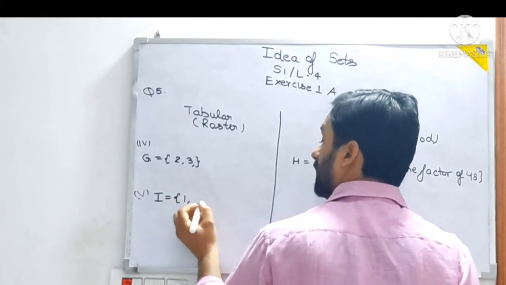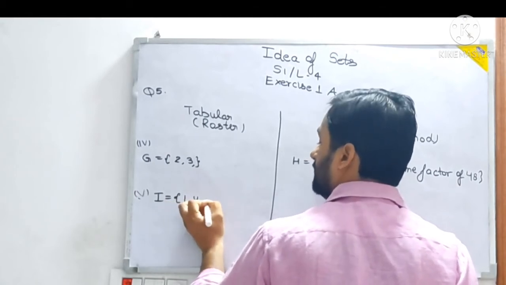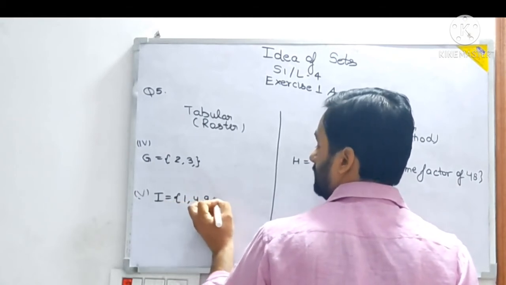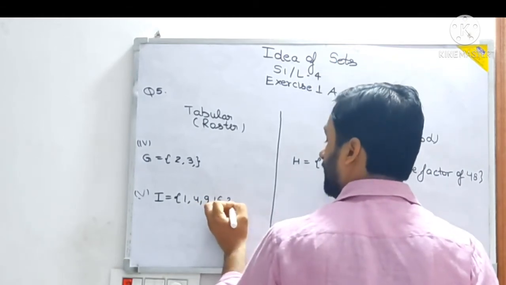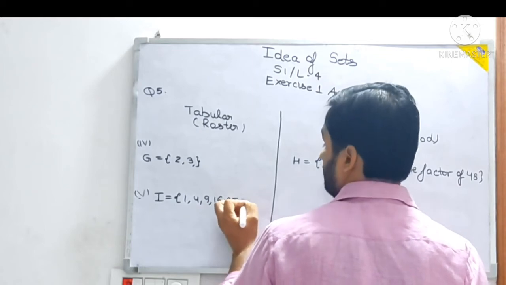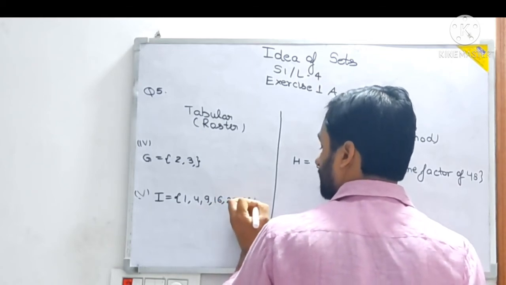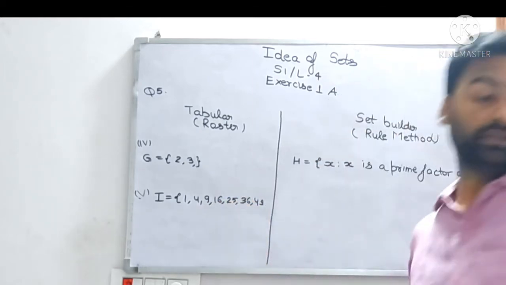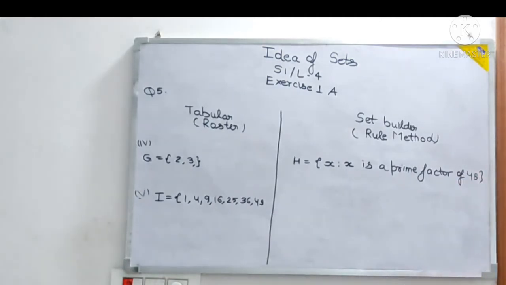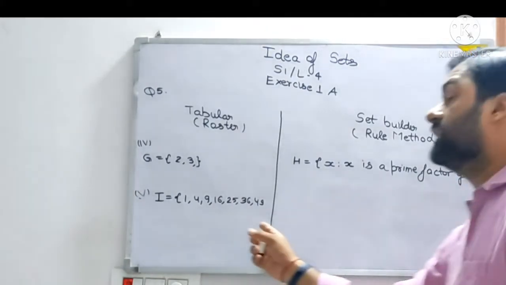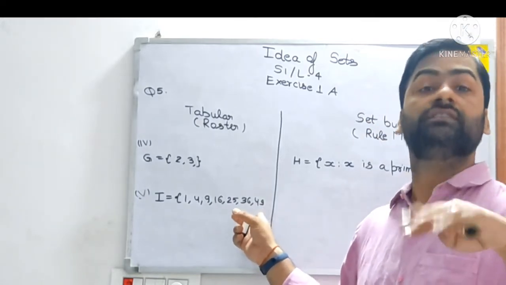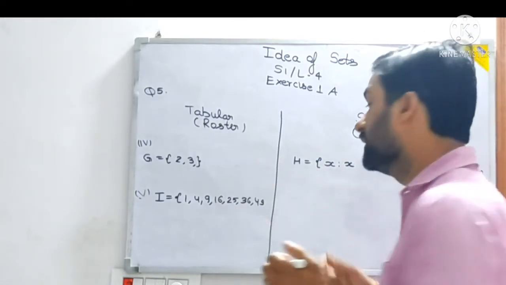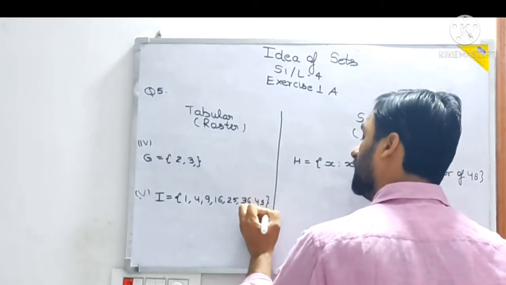Then the square of 2 is 4, 3 is 9, 4 is 16, 5 is 25, 6 is 36, 7 is 49. Now see, the perfect squares should be less than 50. So 7 square is 49, 8 square is 64. That will go out of the range. That means this only is the answer.